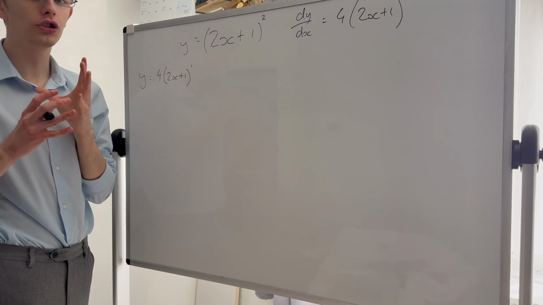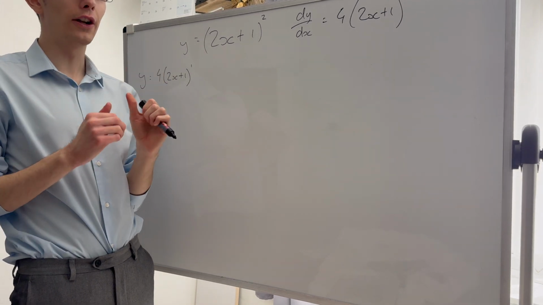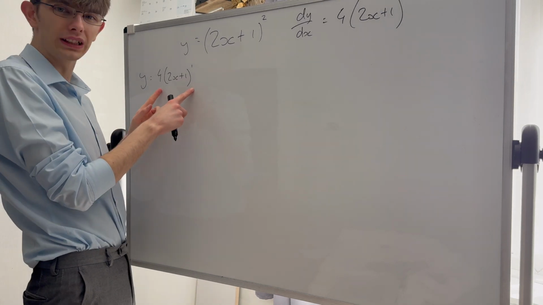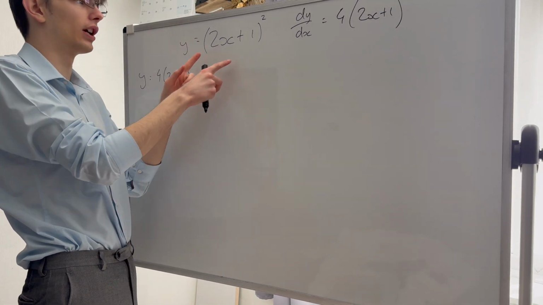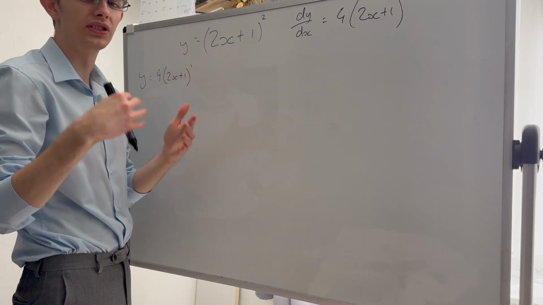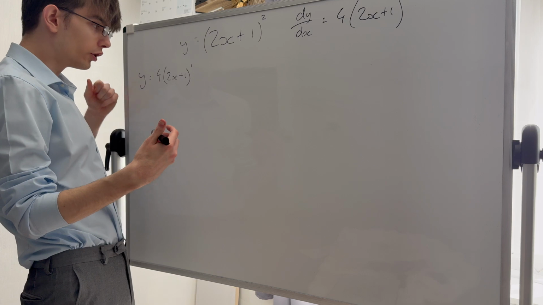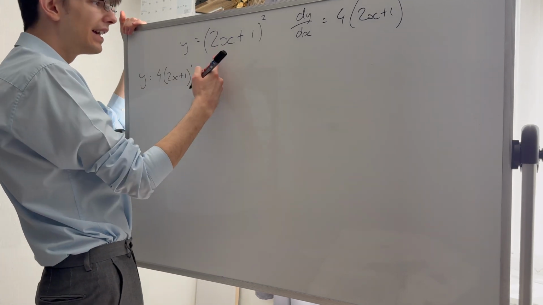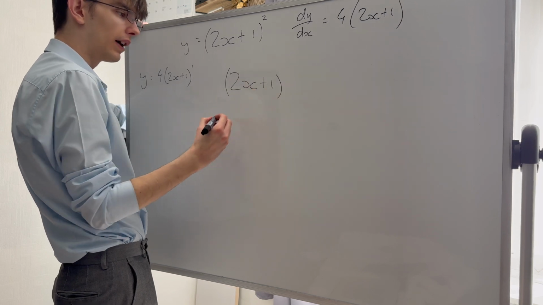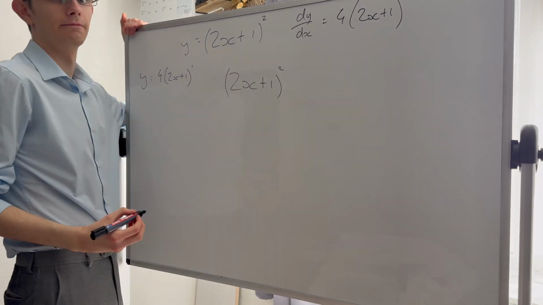The way that I would do that is I would look and I would recognize that this here looks oddly similar to what I would differentiate if I started with this. Now, you don't need to immediately recognize how all the numbers and everything works together. But what you do need to realise is that I'm basically starting with a (2x + 1)^2.